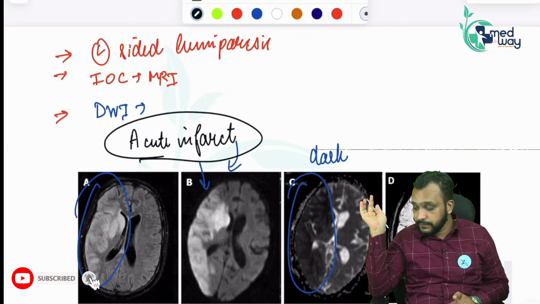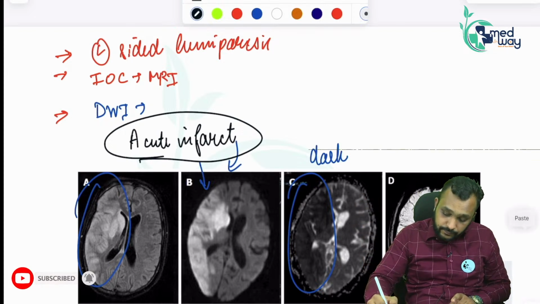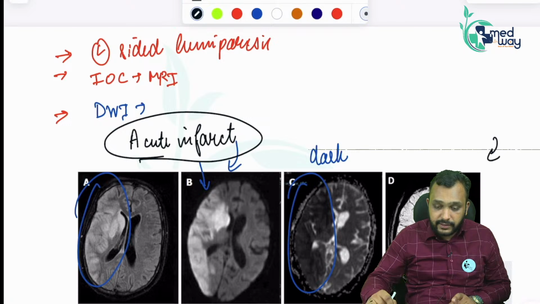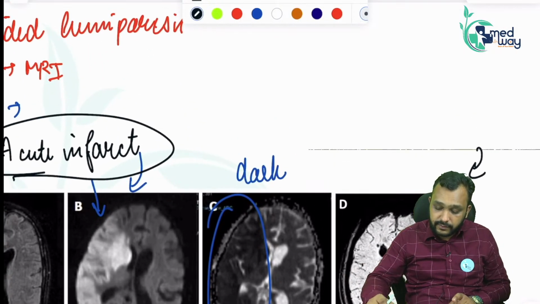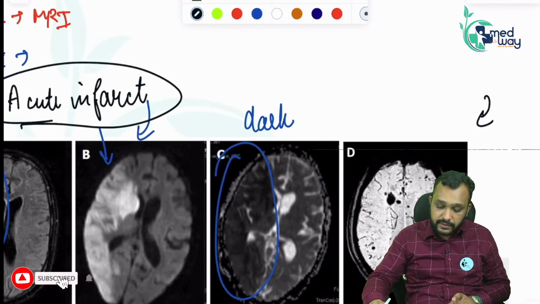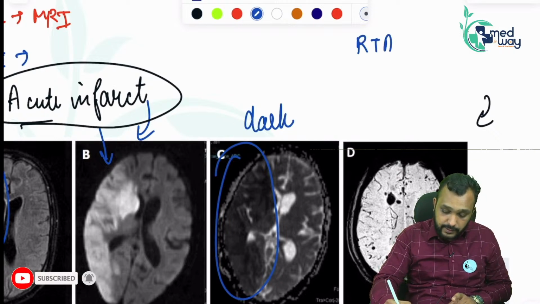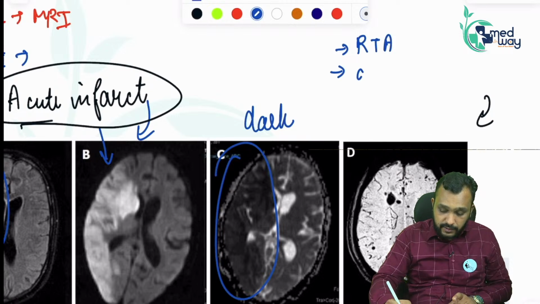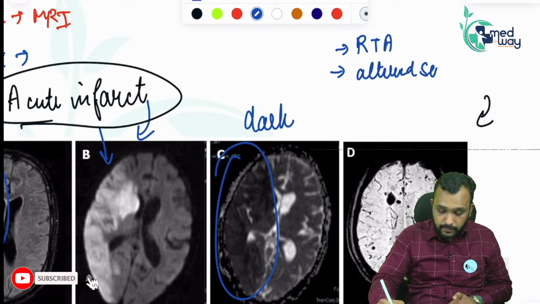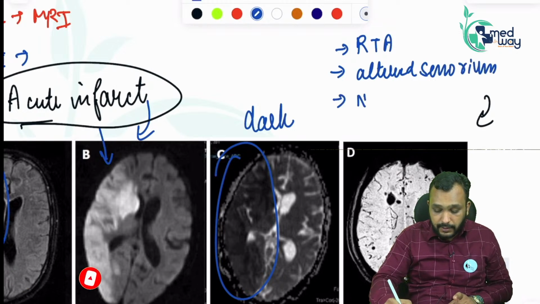Just remember this, right? So guys, third case, again it is a very important case. So it is nowadays being asked in your exams. So patient with history of RTA has altered sensorium and NCCT head is normal.